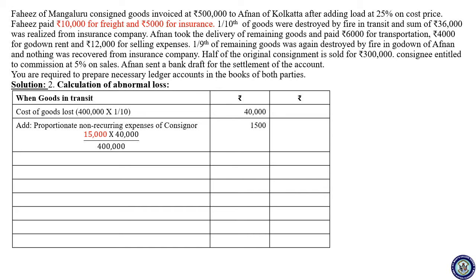Okay, so it comes to 15,000. You know how to calculate this proportionate, right? So for 4 lakh, when the cost is 4 lakh, my expense is 15,000. Now my abnormal loss is 40,000. Then what is my total expenses?